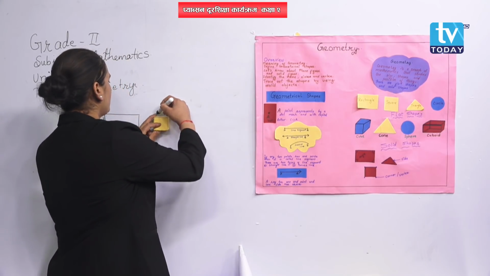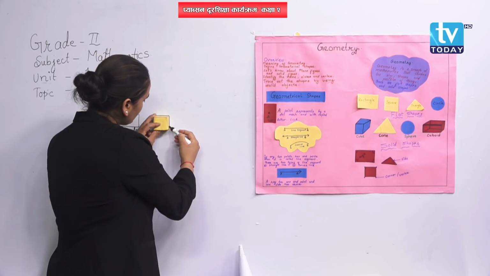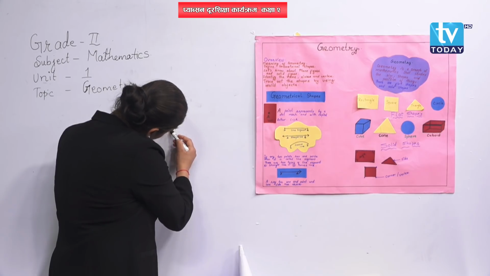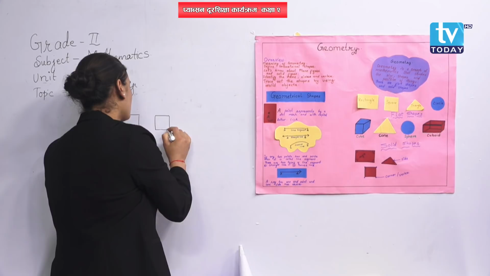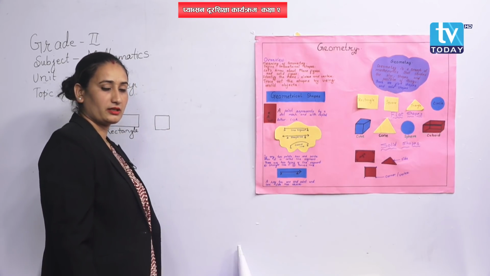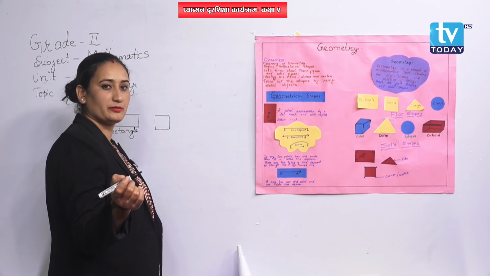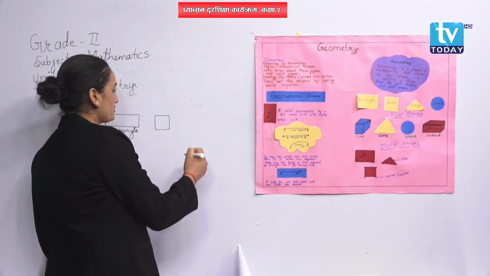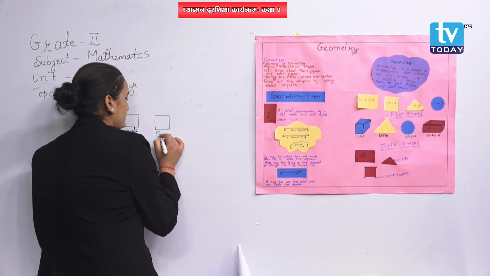Here I'm drawing the line. Now have you completed? Good job. Now you have to mention the name. I'm writing the name of it. What's the name of this figure? Yes, it's a square. Please write here square.